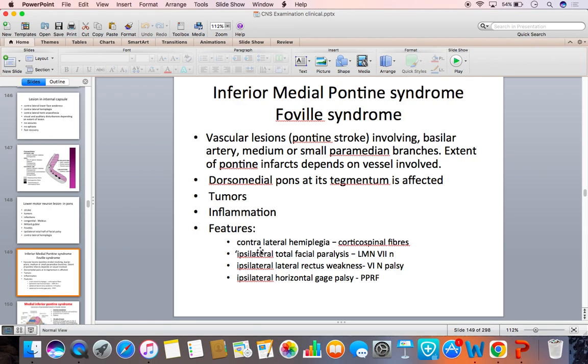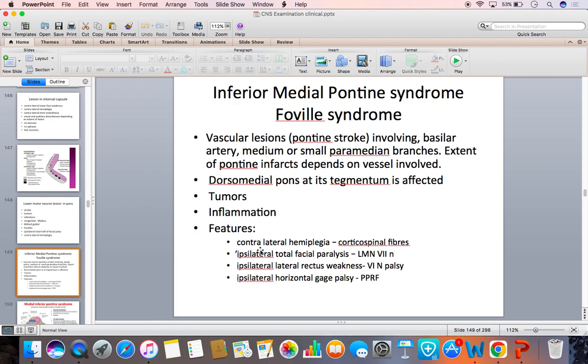Number three, it involves the parapontine reticular formation, a center for lateral horizontal gaze. There is ipsilateral horizontal gaze paralysis, with contralateral spastic hemiplegia. So these are the four components of the Foville syndrome.